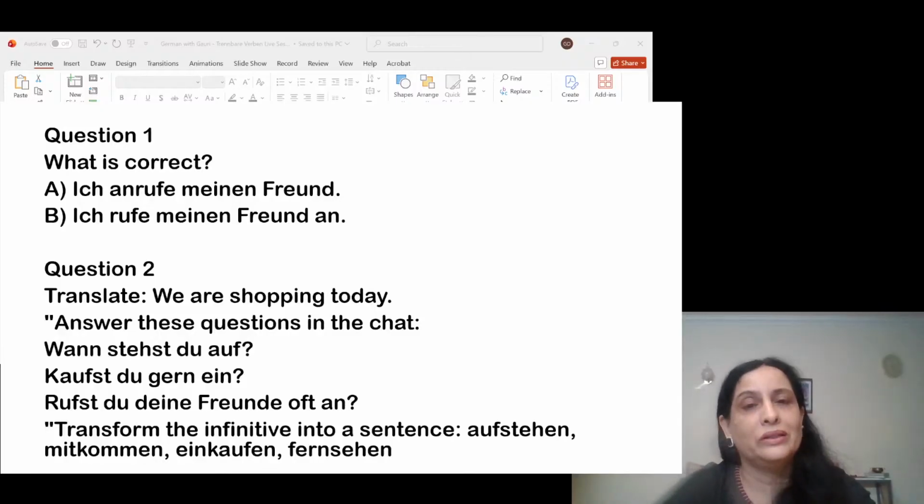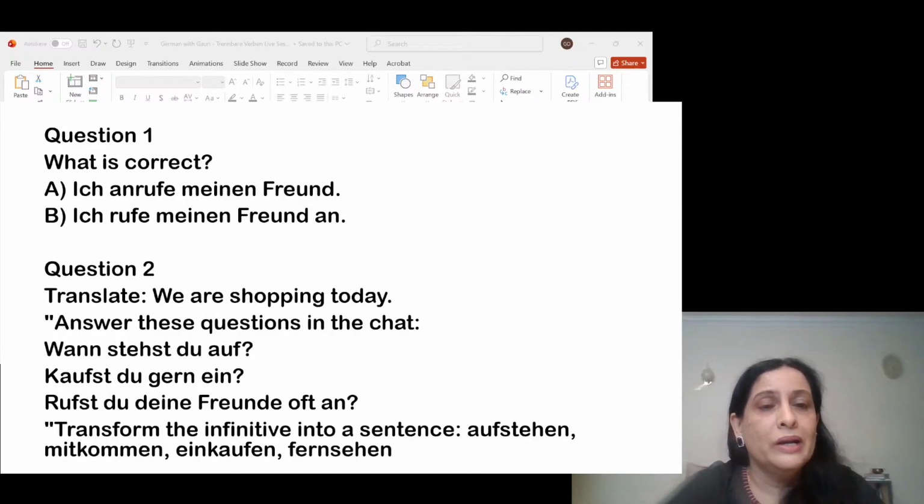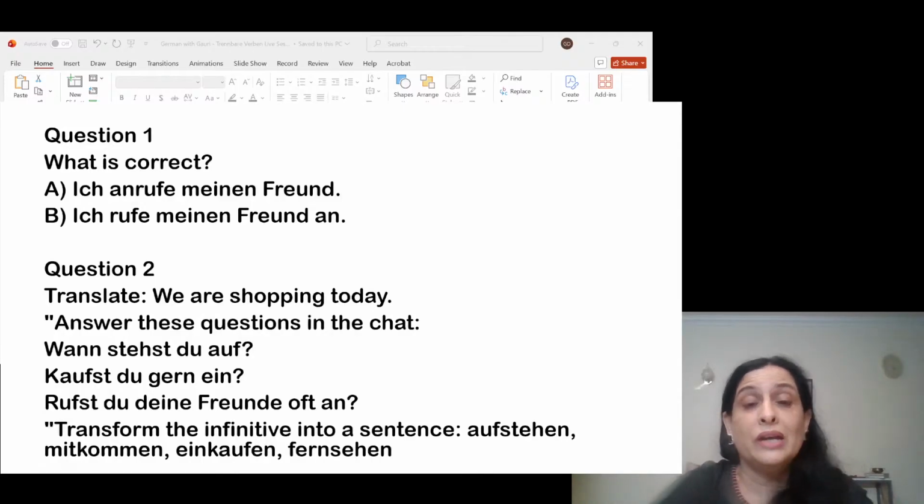You can write it in the chat box. Now question 2. Translate: We are shopping today. You have to translate this sentence into German using a separable verb. Now answer these questions in the chat.